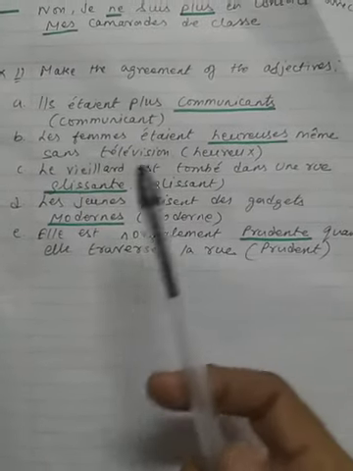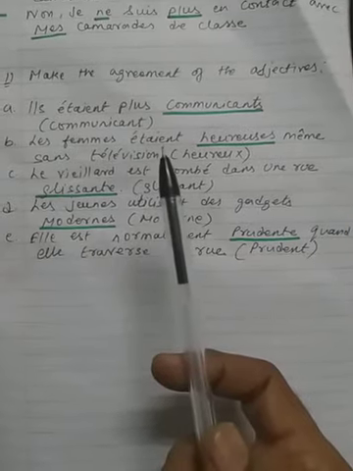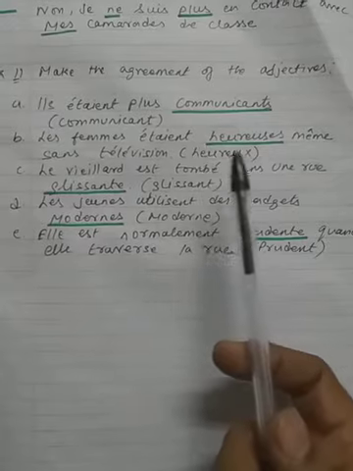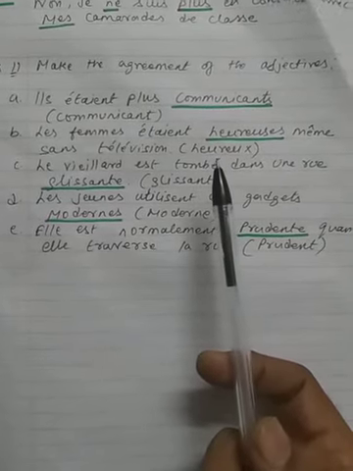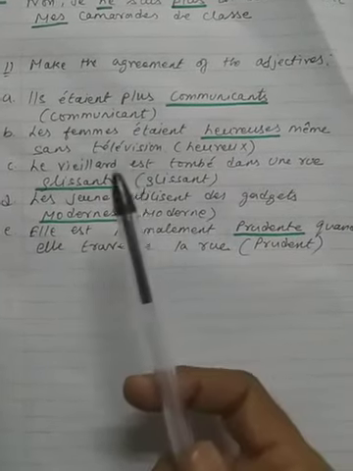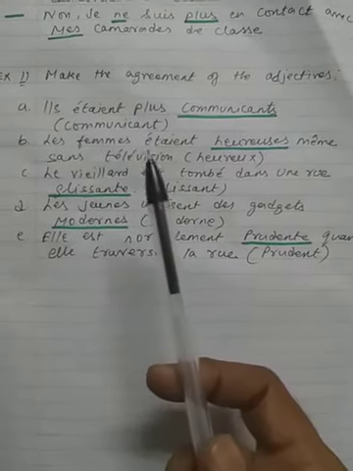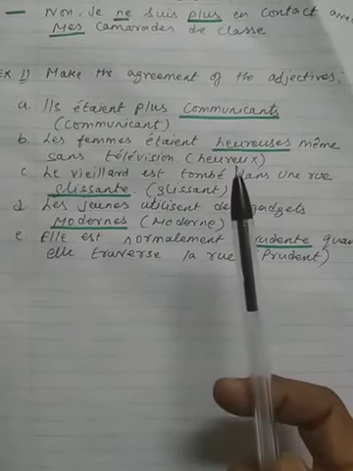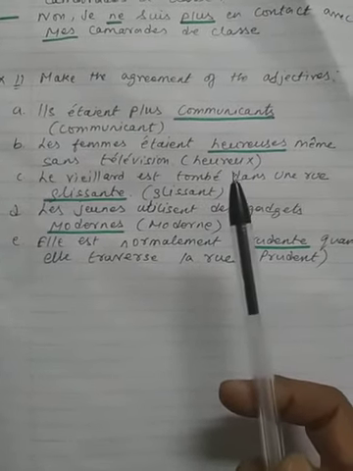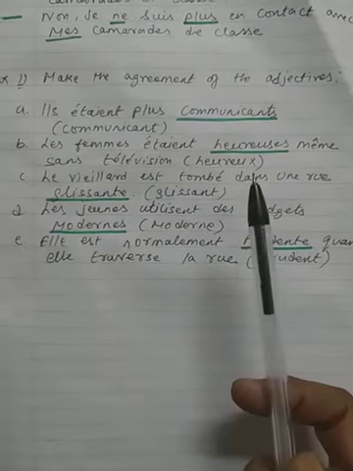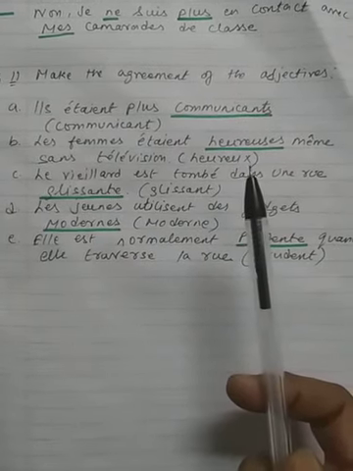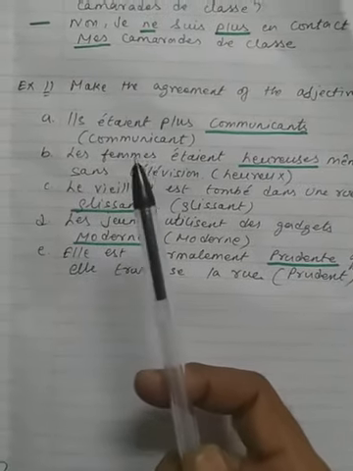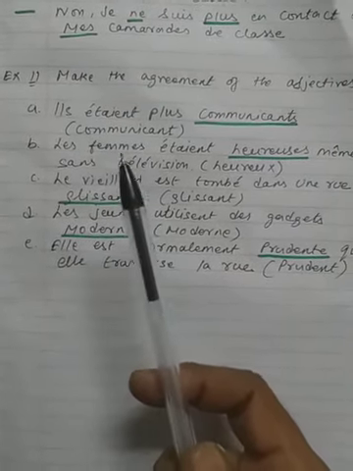Next one. La femme était, the woman was happy. The adjective is heureux, H-U-R-E-U-X, même sans télévision. The woman was happy even without television. What adjective do you have to use? Heureux. Here it is an irregular form: if the adjective ends with x, you replace it with se in the feminine form, because you are describing la femme.